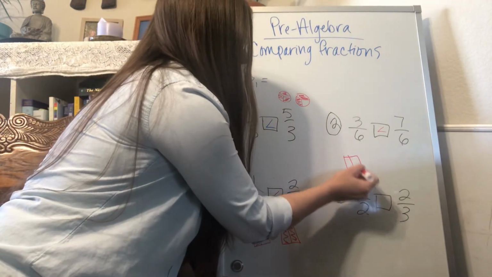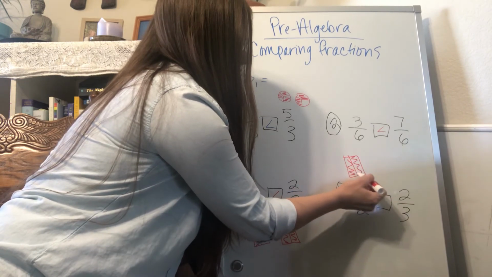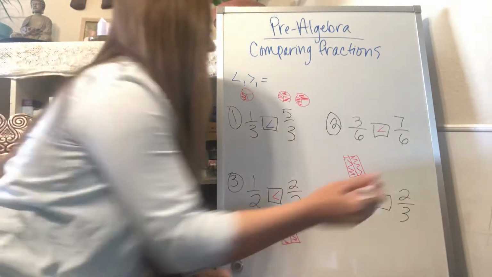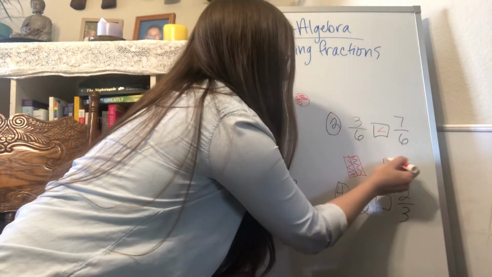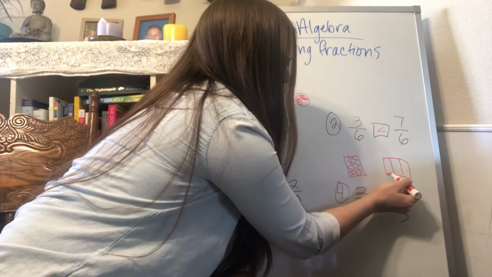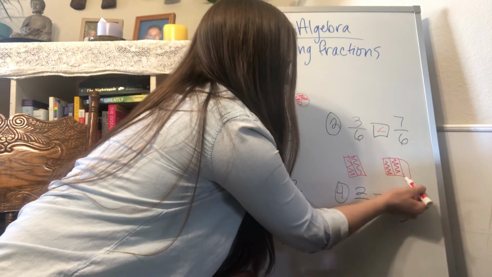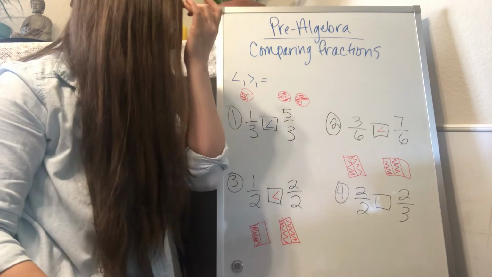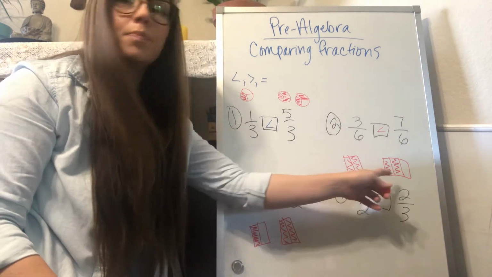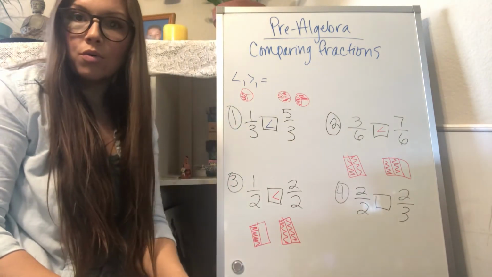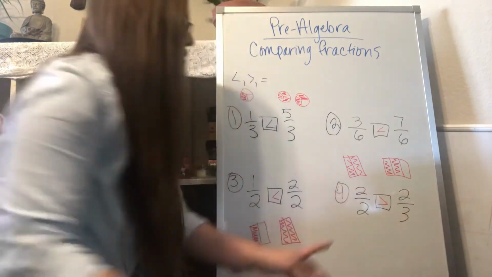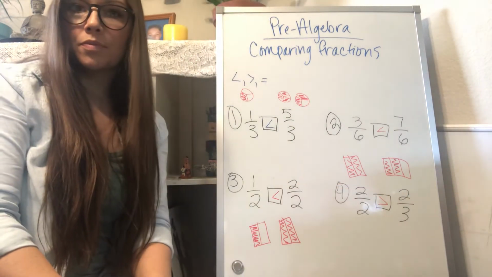So here's my 2. 2/2 means one whole, right? So if I have thirds here and I've got 2 out of my 3, it's not whole, right? So automatically I know that one whole is bigger than something that's not whole, okay? So in that case, 2/2 is bigger than 2/3, okay?